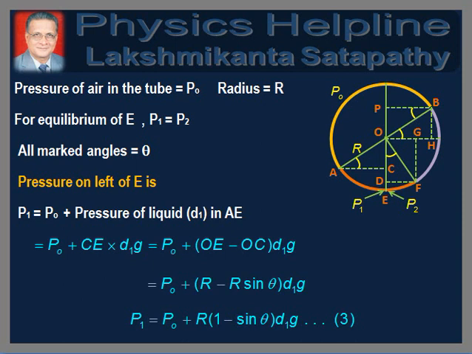Now height of the liquid column is equal to CE. Therefore we have P1 equal to P0 plus CE into D1 g, but CE is equal to OE minus OC, which is equal to R minus R sin theta, which is equal to R into (1 minus sin theta), which gives P1 equal to P0 plus R into (1 minus sin theta) into D1 g.